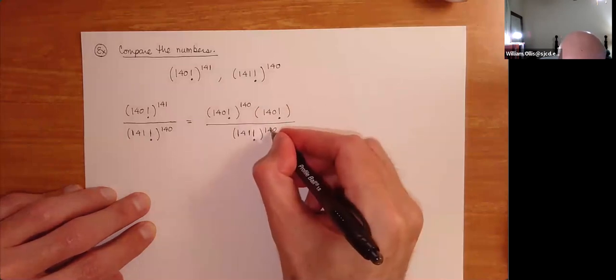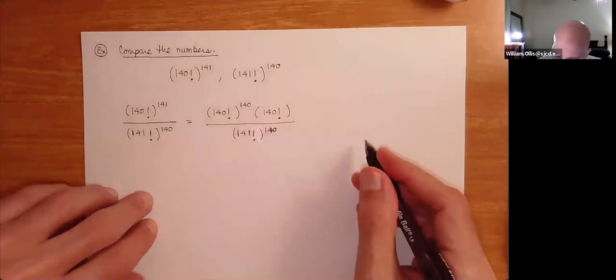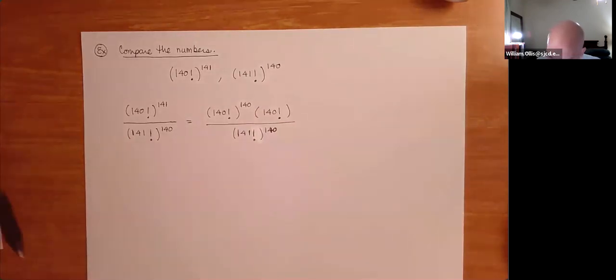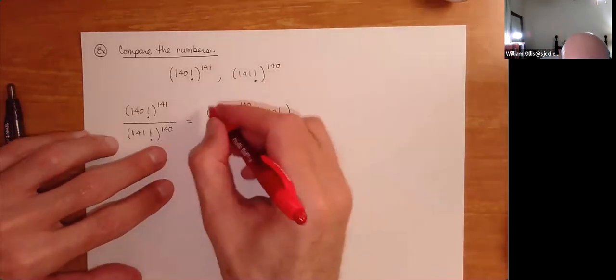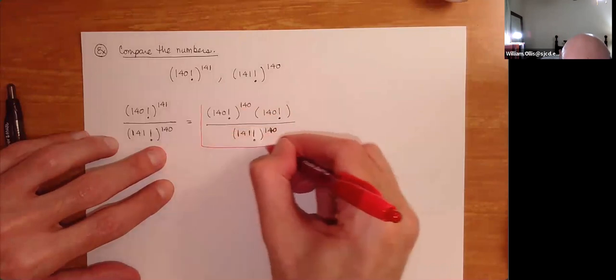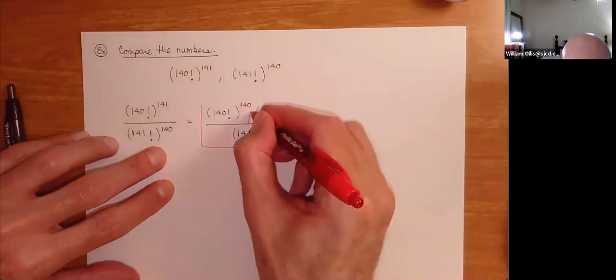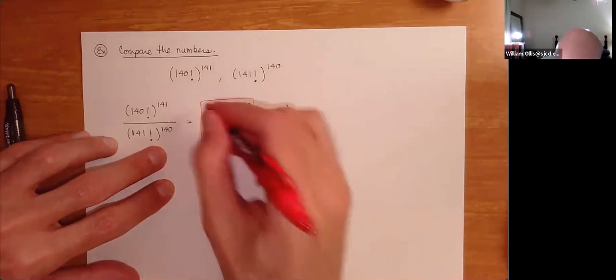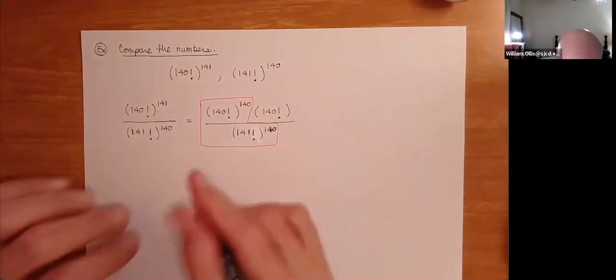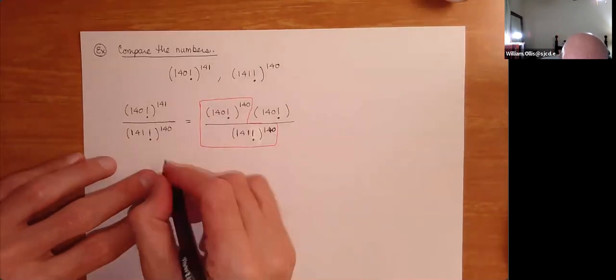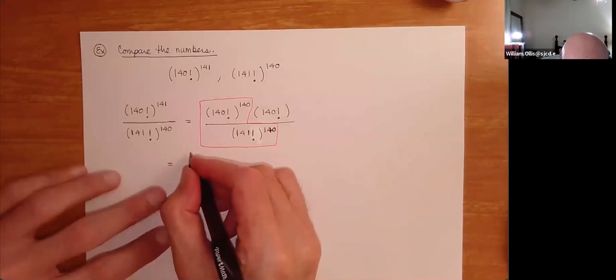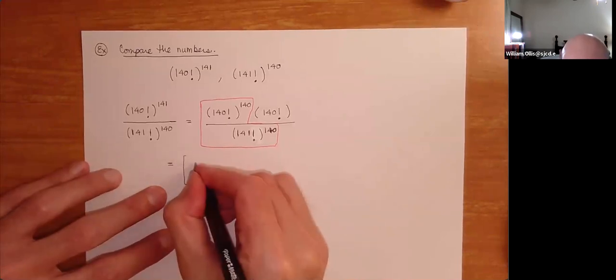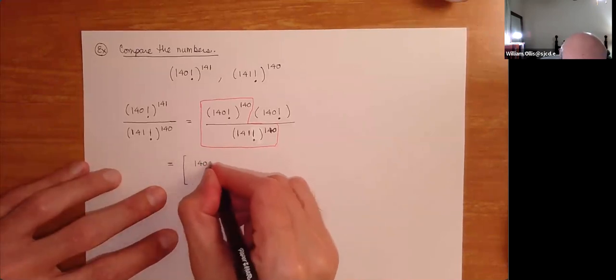Okay, so now when we look at this and we think, okay, so how does this help us out? Now, of course, we can use laws of exponents right here on this part. So now this gives us 140 factorial.